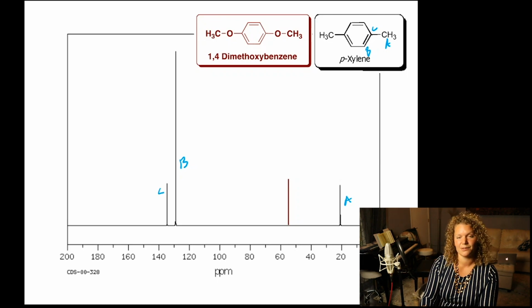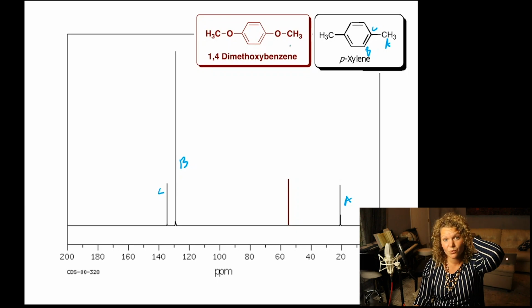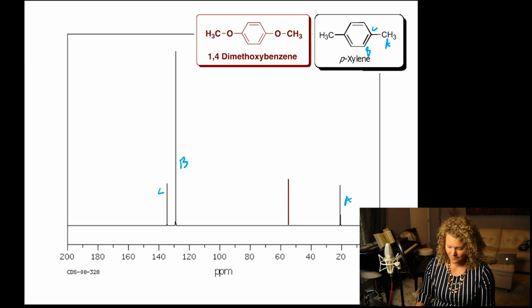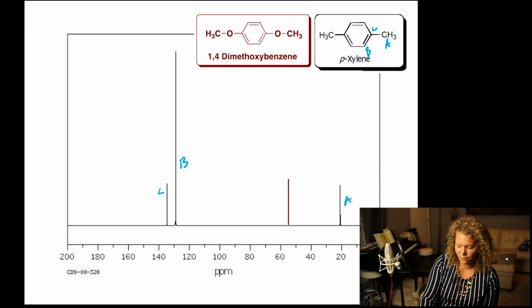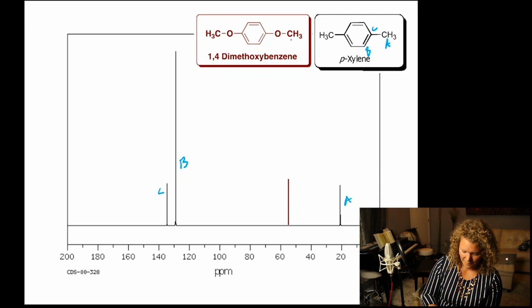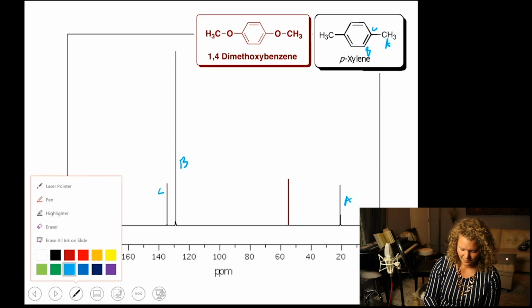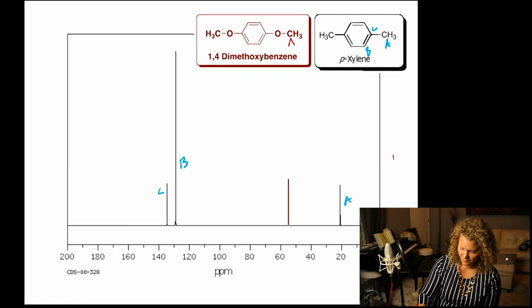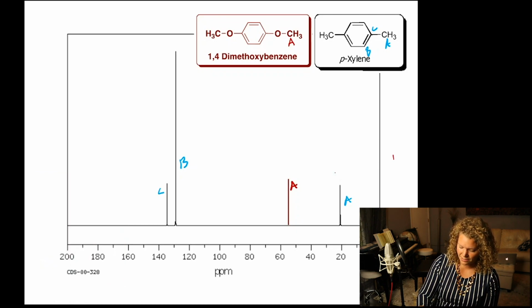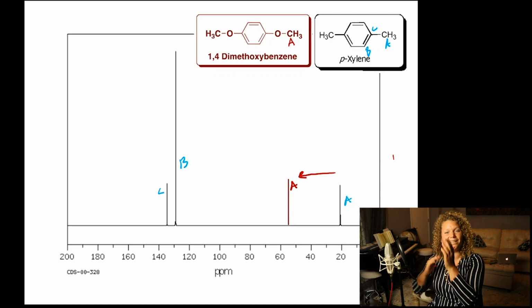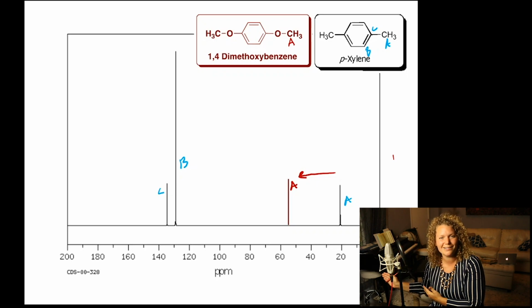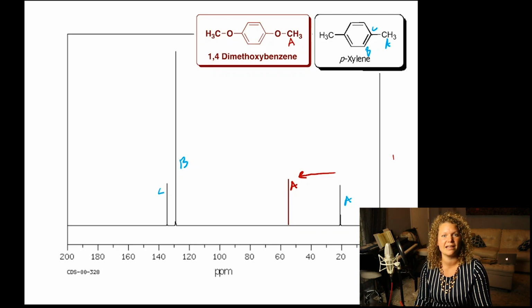We expect there to be 3 different signals, 3 different carbon atoms. Our signal for our methyl group here, let me write this in red, is here. Notice, how did it shift? It shifted downfield. The carbon is bound to an oxygen. Same thing as our proton NMR.